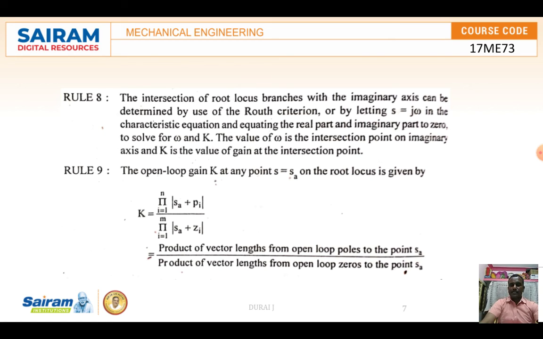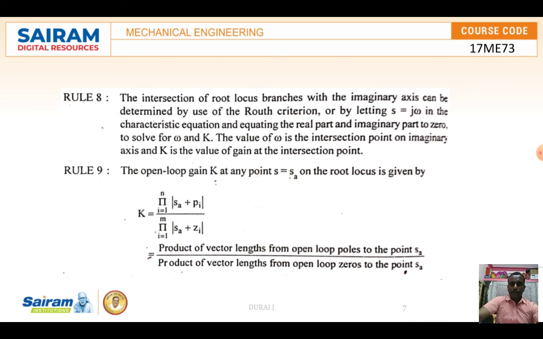So like this, there are 9 rules. After applying these 9 rules, we are going to plot the graph. In the graph, first we mark the poles and zeros. After that, we find the root locus, and whichever part comes in the root locus, we make it a dark line. In the next step, we mark the centroid and from the centroid draw the angles.